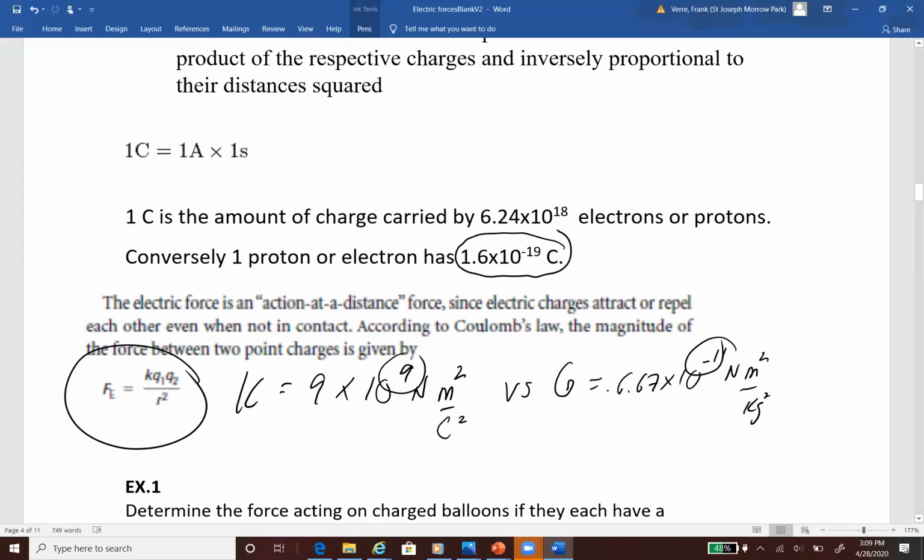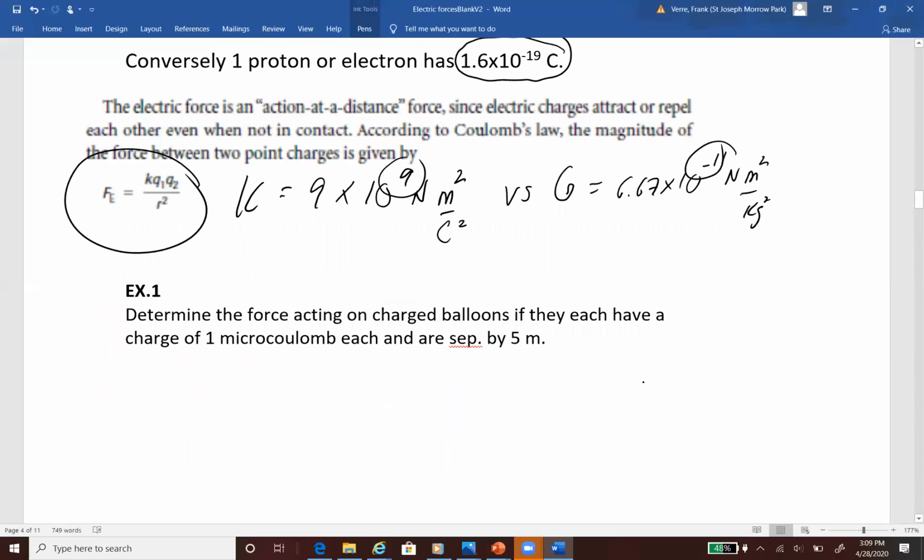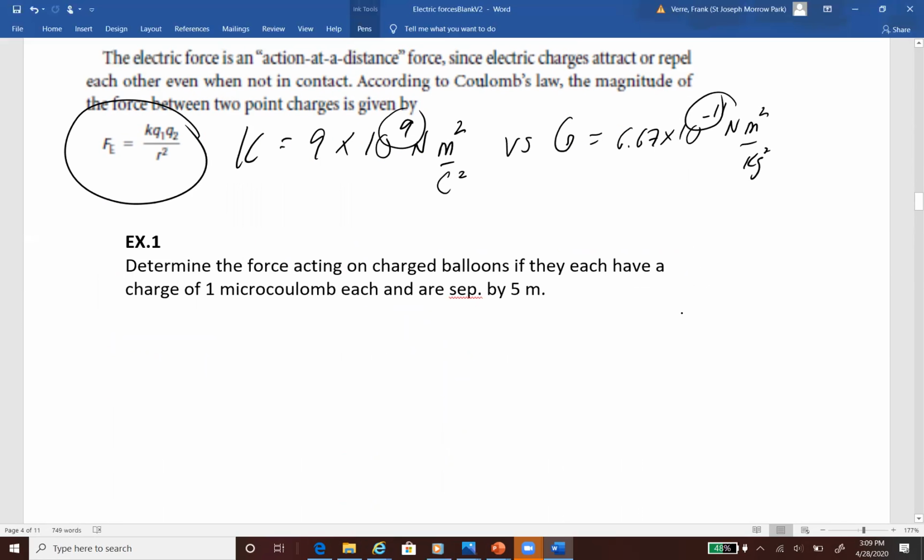So let's start with a really simple question. We're going to try to figure out the electric force between two charged objects. Now, I'm going to assume that these are the same charge because they're two balloons. If you remember from grade 9, you talk about static electricity, certain materials pick up charge, certain materials give up charge.